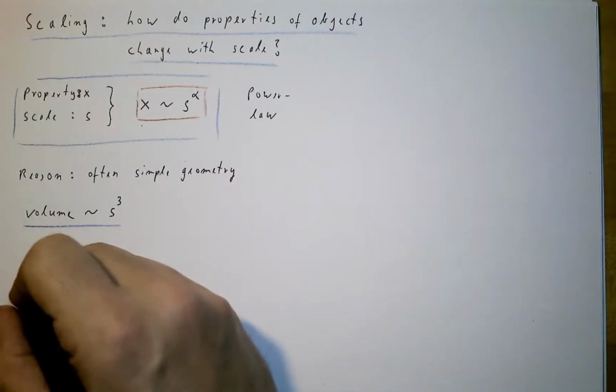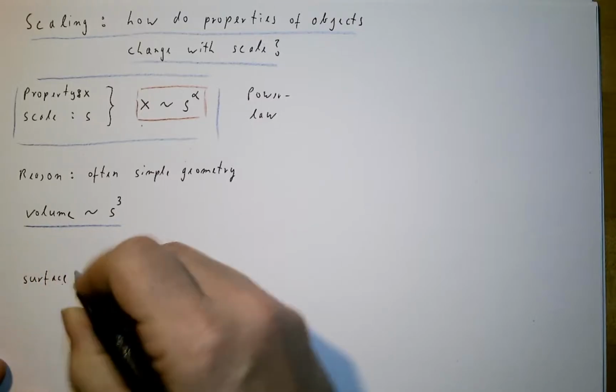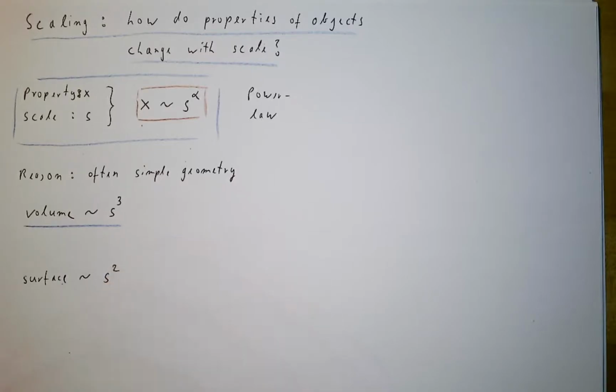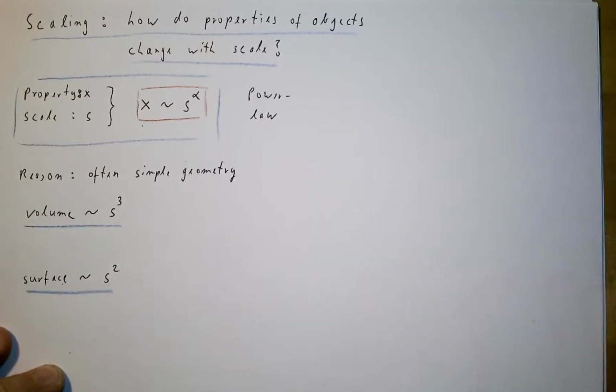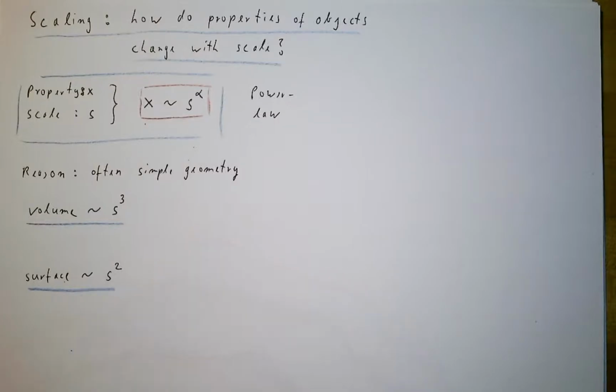And if we have a surface, the surface of many objects scales with the size to power of 2. Here, let's say the surface of a sphere, the surface of a cube, and so on. This goes with the size to power 2.